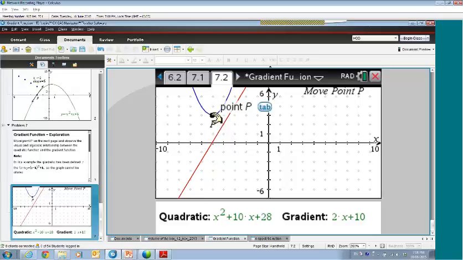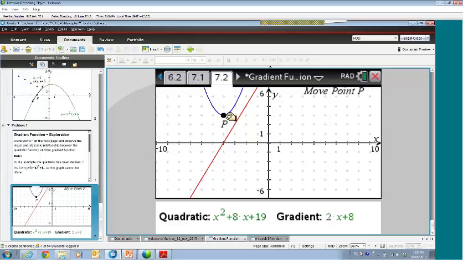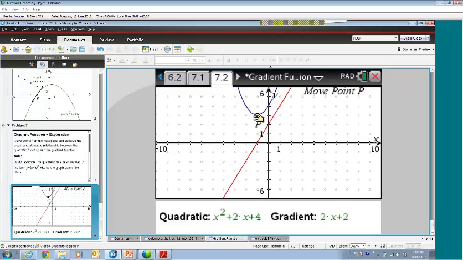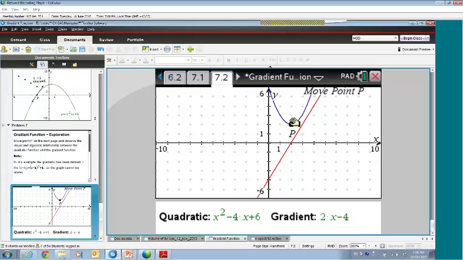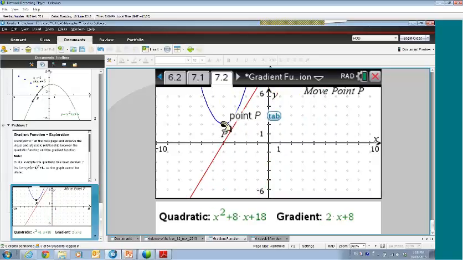The other bit that's kind of cool is if we translate the graph horizontally, that the gradient function moves along with it. Now later on, of course, that's something students can see when they start looking at things like the chain rule. An f of x plus h type of approach.